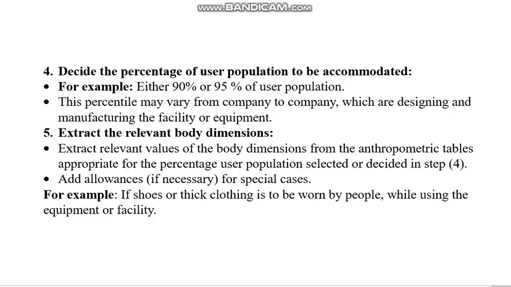For your air conditioning and other things, you have psychrometric charts. All such data are available. So here also anthropometric tables are available. You should select the appropriate anthropometric tables for the percentage of user population as decided in step 4.